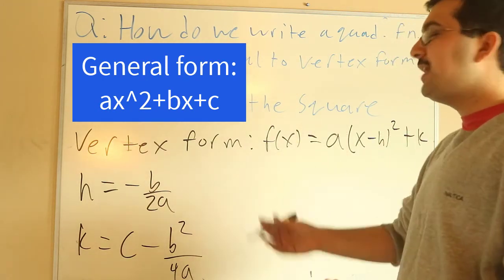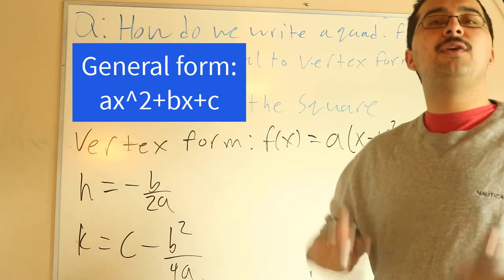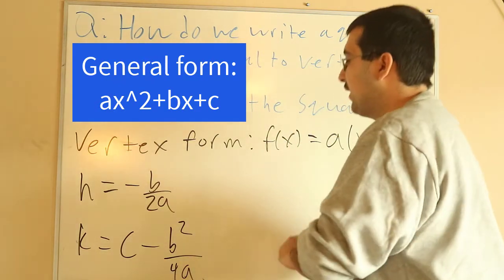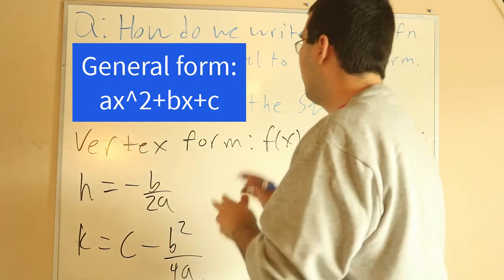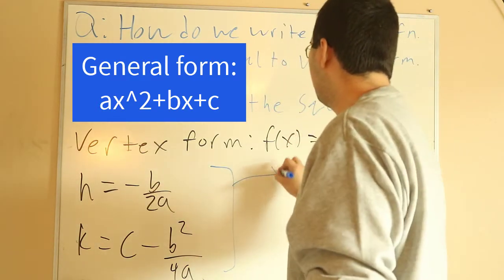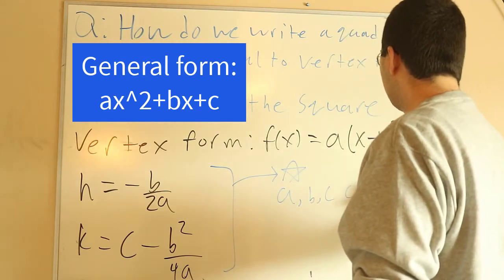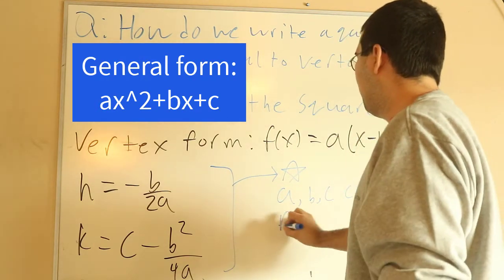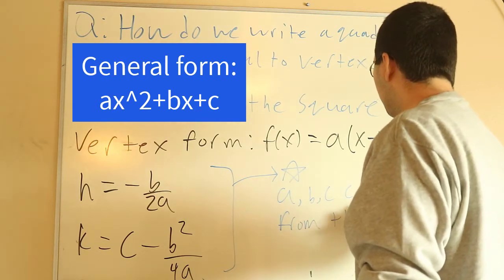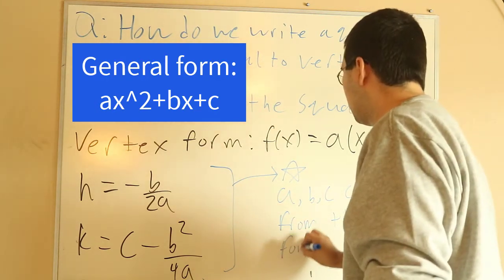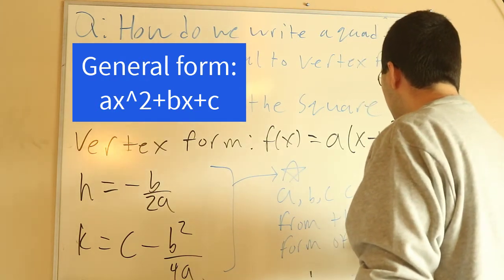So that's exactly what these a, b's, and c's are. These are the values from our general form of the quadratic function. That's a pretty important note: a, b, and c come from the general form of the quadratic function.